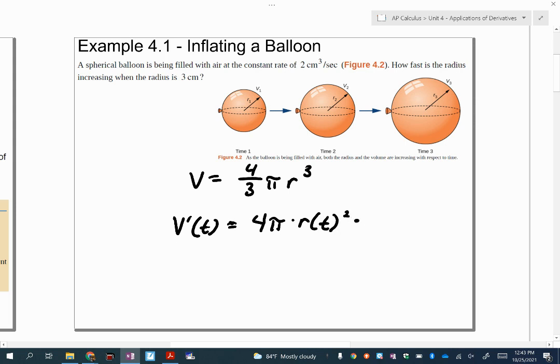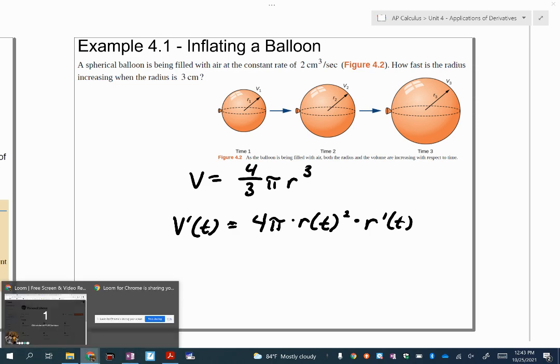And then times the inside here, which is the function for the radius, and we're going to find the derivative of that. So r prime of t. So this right here is the first step, to find the derivative of your function for the volume of the sphere in relation to what's happening with the radius.